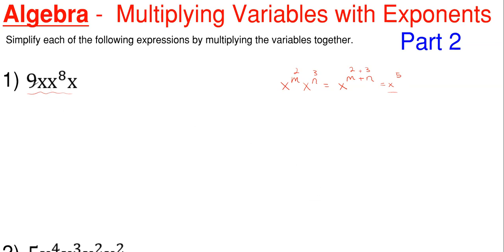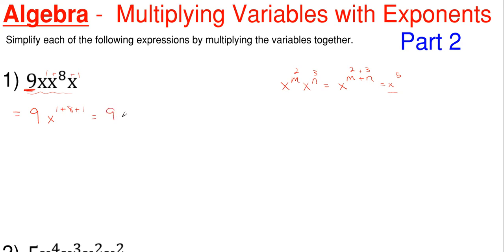What we have is 9 times x to the eighth times x. Whenever it is just simply x, we take x as being to the first power. Any number before our x variables remains exactly the same. So we have that same number 9, then our x variable, and we just add all these powers together: 1 plus 8 plus 1.